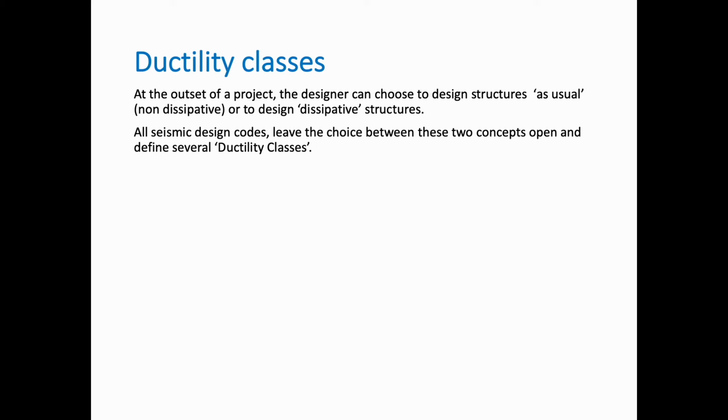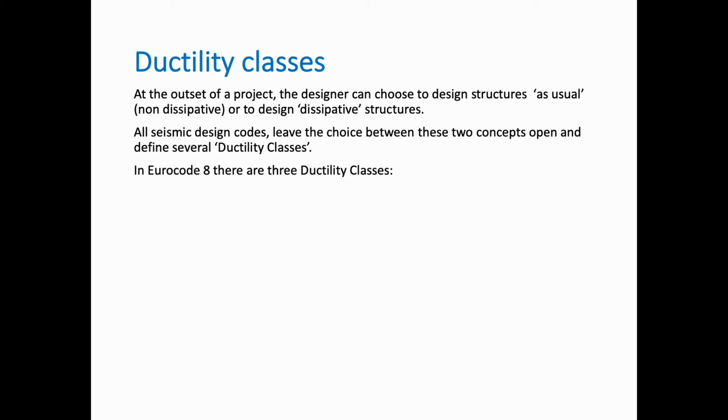All seismic codes leave the choice between these two concepts open and define several ductility classes. So it's up to you to decide which one you want to go for, mainly given the land conditions, the geotechnical conditions, and whether it's an area of high seismicity or not.